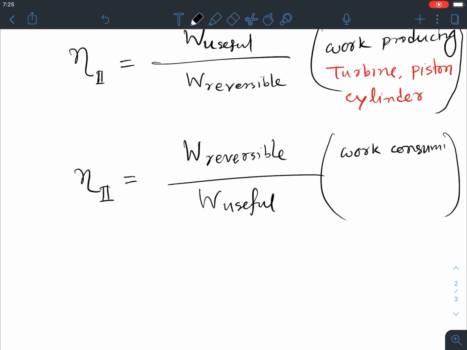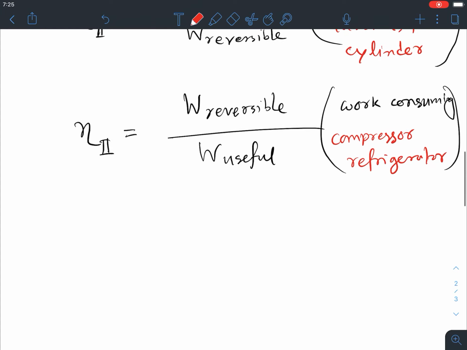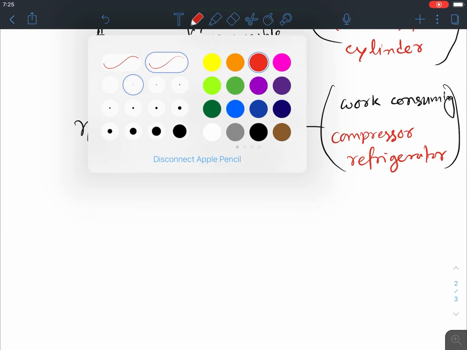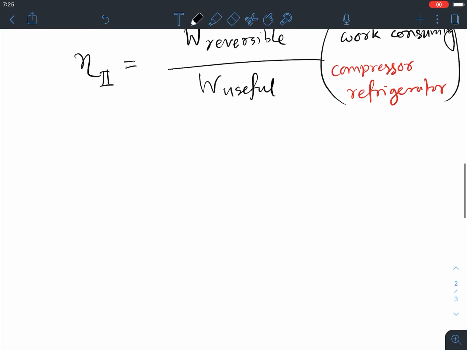So this is the work consuming device. For example, what are the work consuming devices? Compressor, right? So a compressor, or maybe some part of a refrigerator. In that case, the definition will be this. So this is for work consuming.